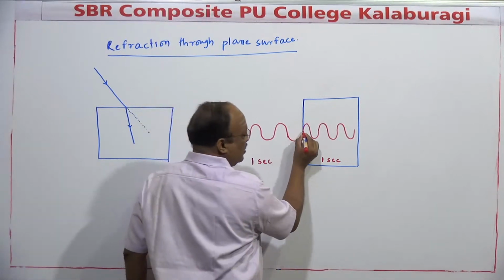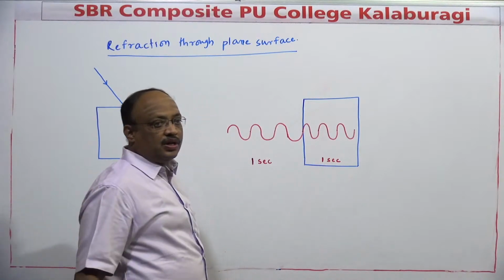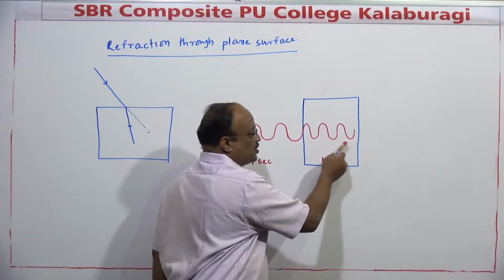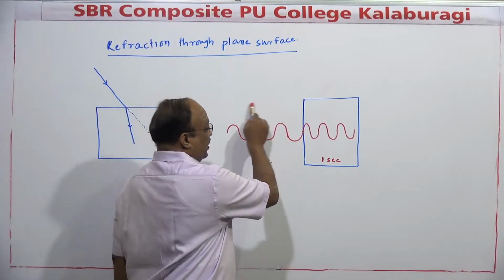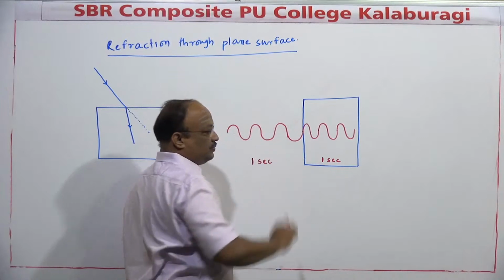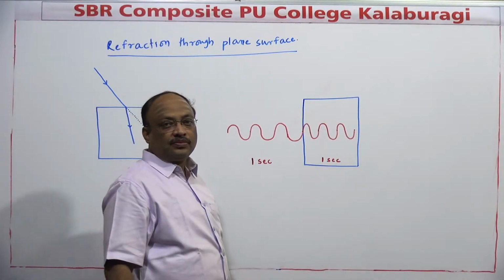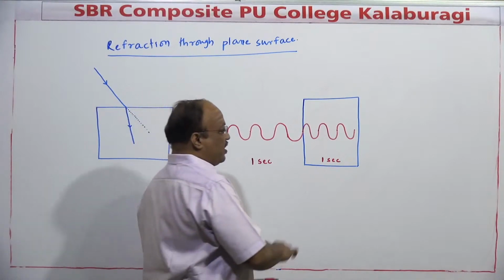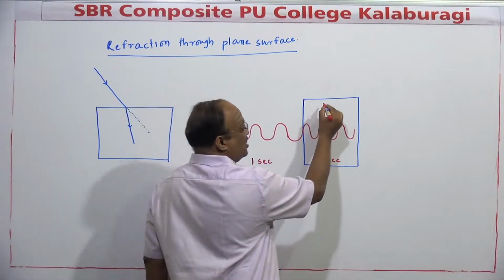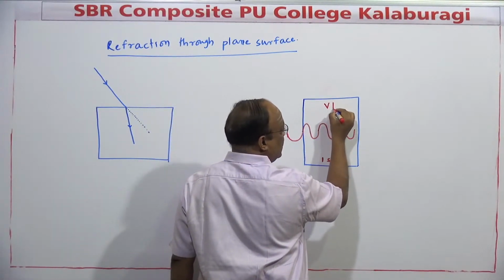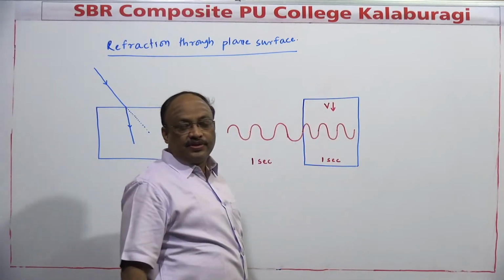Here also 3 waves are passing. In the sense, the frequency is the same. But it has traveled less distance. Since the distance is less, the velocity of light has decreased.